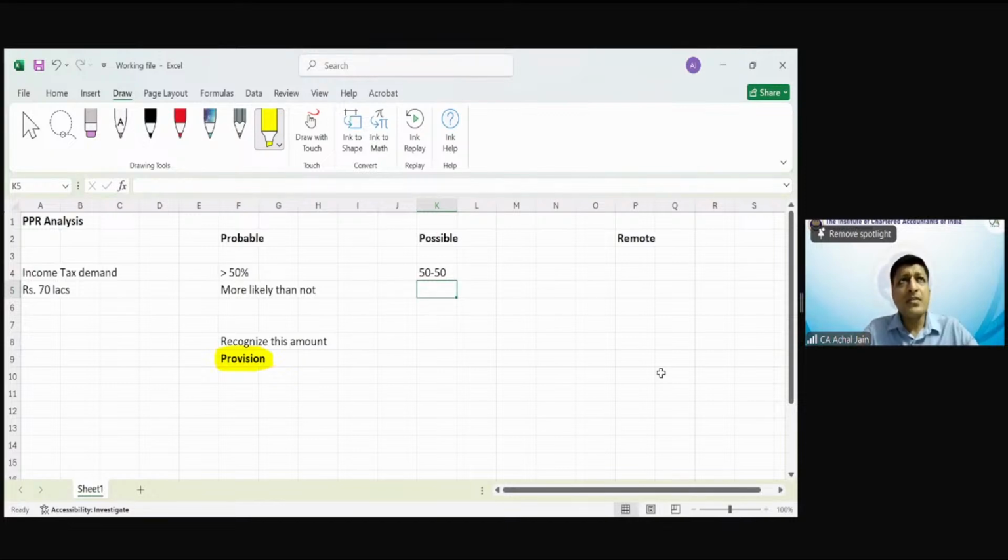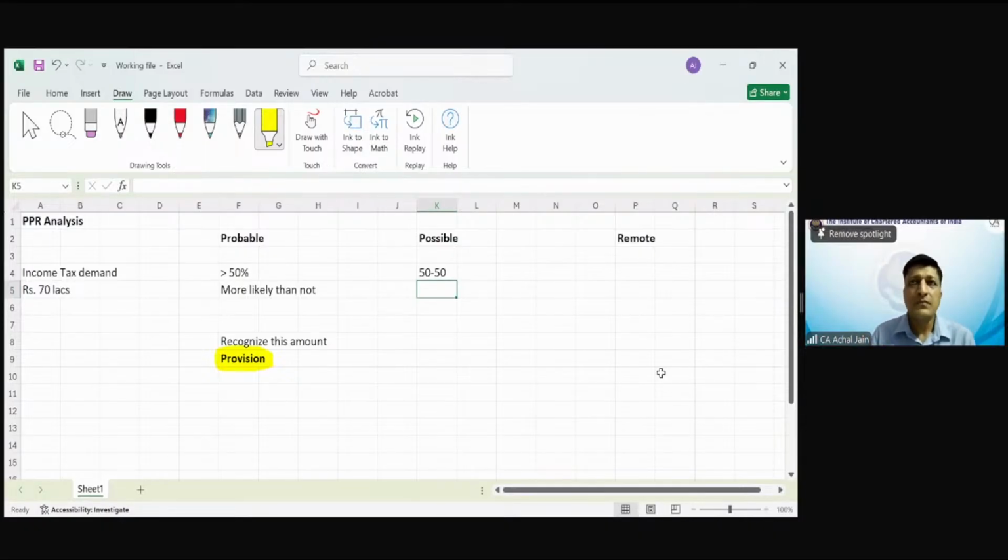Sometimes some of the demands may be raised, some of the matters may be involved. If you look at those matters on the basis of the fact pattern which the company will have at a certain point of time, the company may not have much clarity as to whether they will win the case or lose the case if the company gets into a litigation.